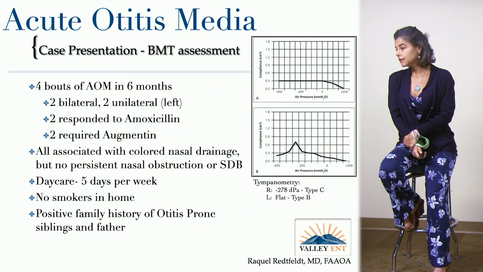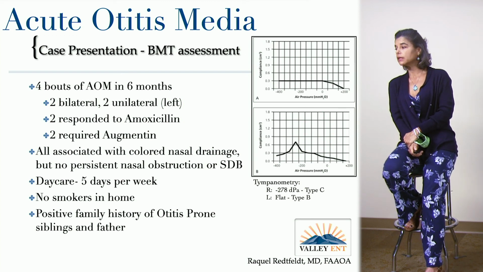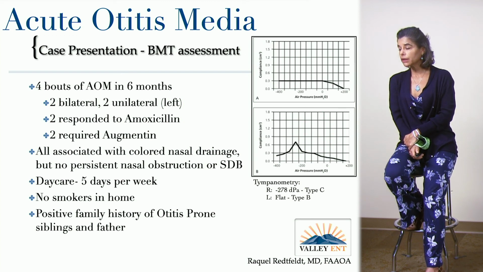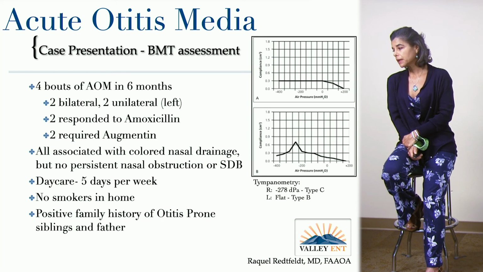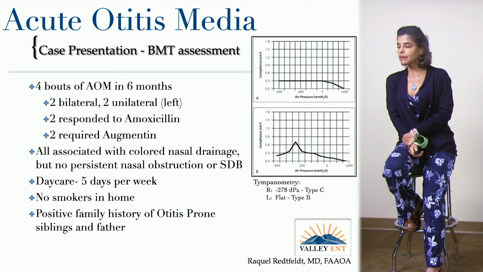At her ENT visit, we get the history that she's had 4 bouts in 6 months. 2 were bilateral, 2 were unilateral. The left ear has had a couple more than the right ear. She's responded to amoxicillin most of the time, but she has gone to Augmentin a couple times. The next bullet: they're all associated with colored nasal drainage, but no persistent nasal obstruction or sleep disordered breathing.